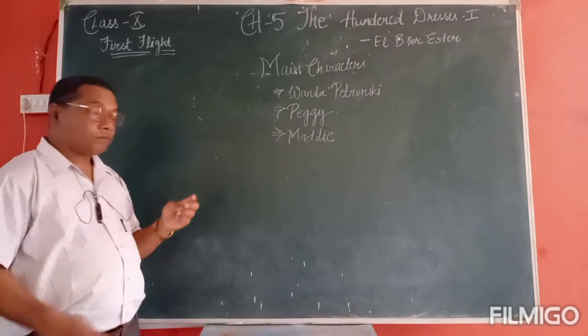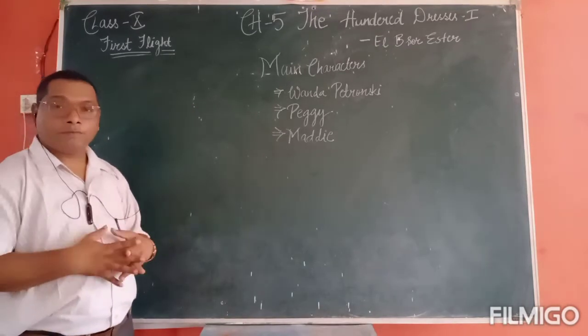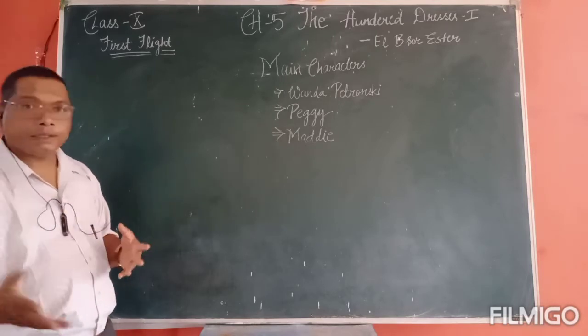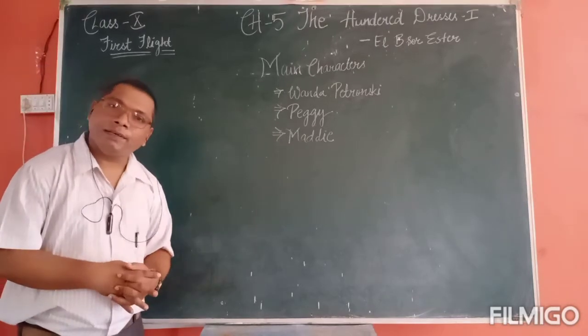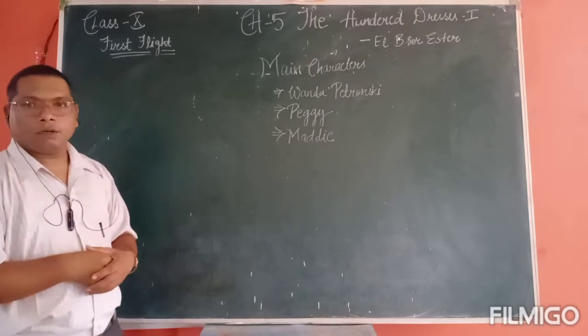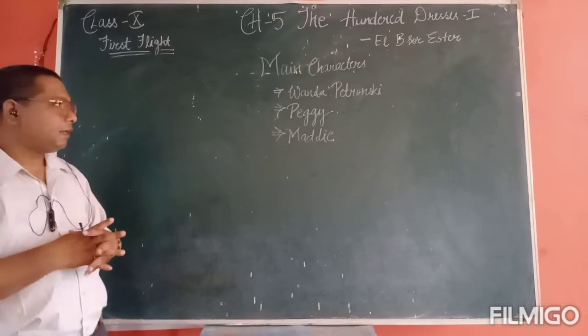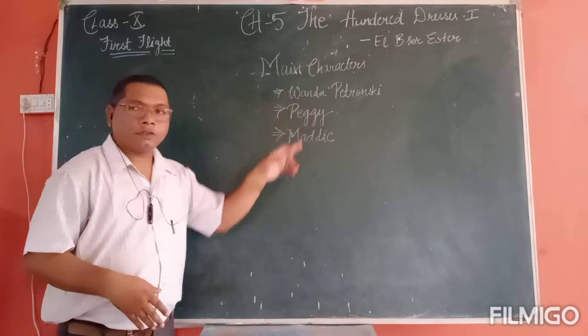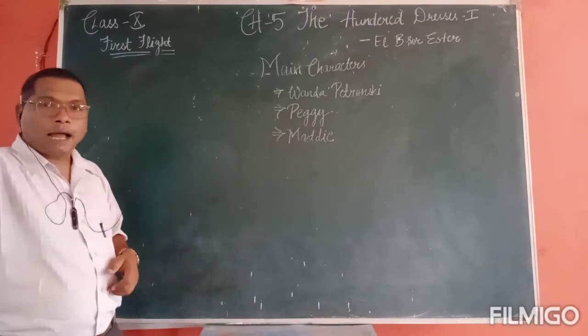Now, she was very confident about her drawing competition, the contest. Definitely she would win the contest, because she was the only girl who was studying very well. So once again, I want to remind you, Wanda Petronski was always sitting in the last row.